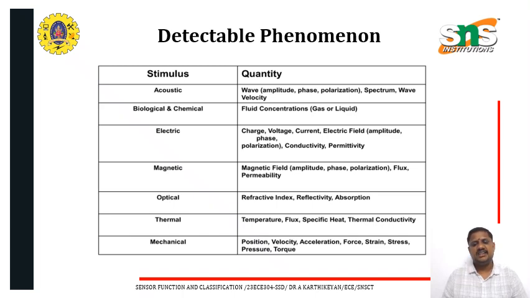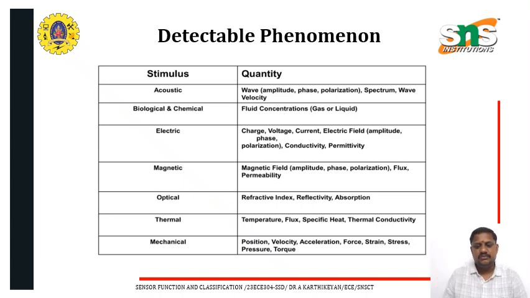Optical may be refractive index and absorption. Thermal may be flux, specific heat, and thermal conductivity. Mechanical includes position, velocity, acceleration, force, stress, pressure, and torque. So the main categories are acoustic, biological, chemical, electrical, magnetic, optical, thermal, and mechanical.